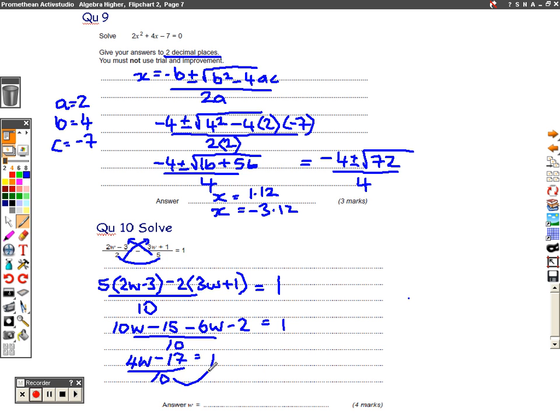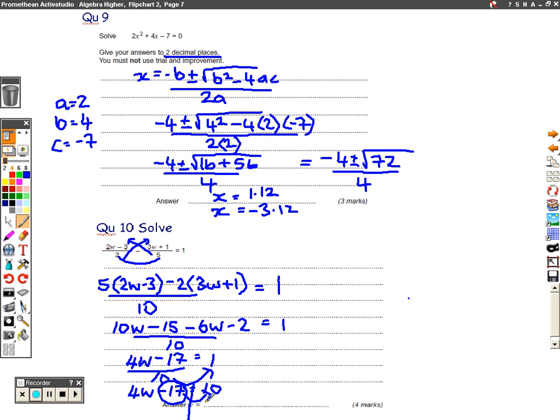So bring your 10 up onto the other side so that you don't have it anymore. 4w minus 17 is equal to 1 times 10 gives you 10. Bring your 17 across, which becomes plus 17.